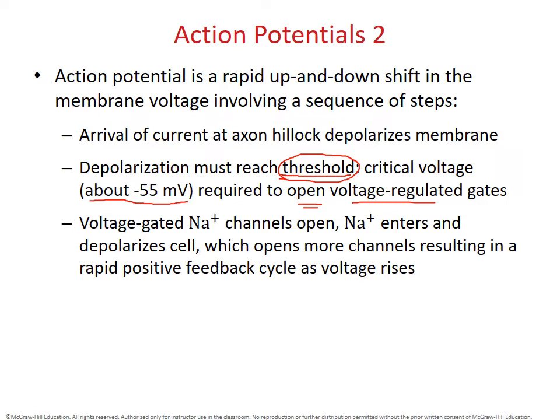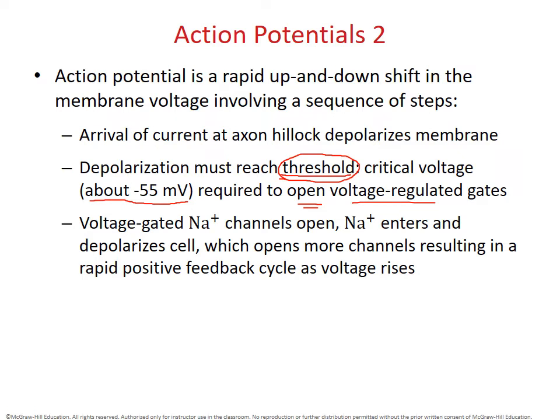So the best thing to remember is that it'll be 15 millivolts less negative. If a source tells you that the resting potential for a particular cell is minus 80, then you can reliably say that threshold for an action potential for that cell will be minus 65, right? 15 millivolts less negative than 80, and so on.